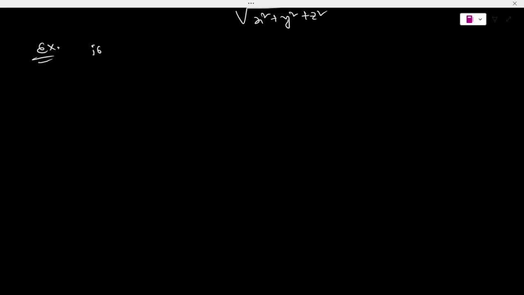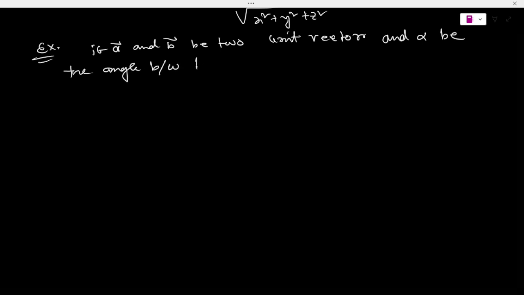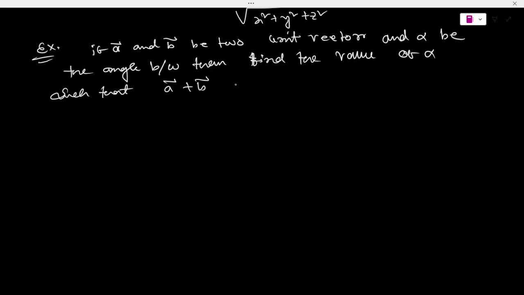If a vector and b vector are two unit vectors, and alpha is the angle between them, then find the value of alpha such that a vector plus b vector is a unit vector. So let's prove it.